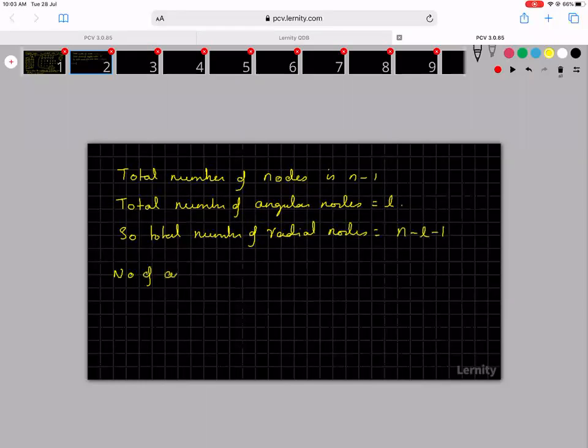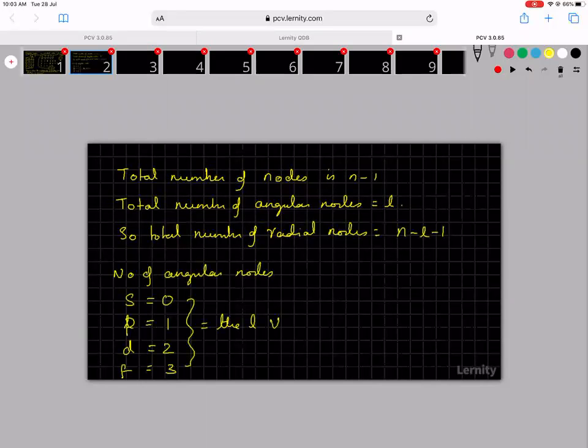Number of angular nodes in S is equal to 0. In P, L is equal to 1. D is equal to 2. F is equal to 3.